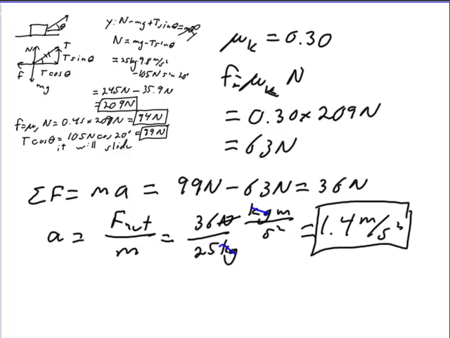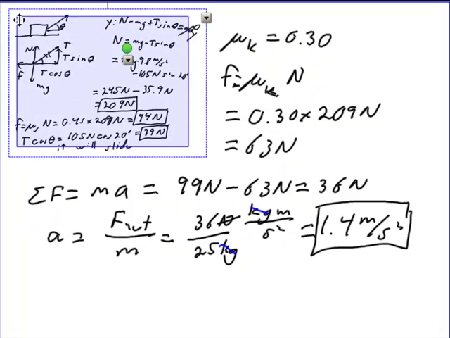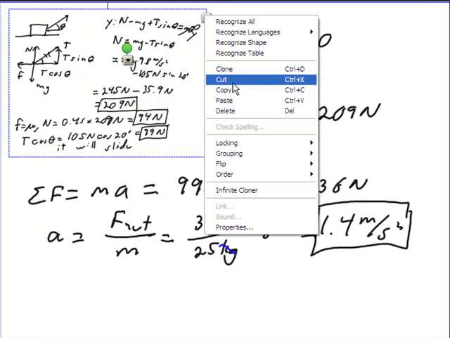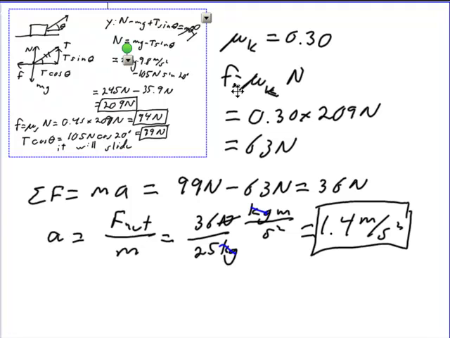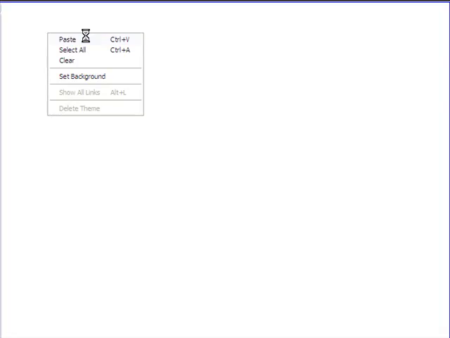I want to keep some of this stuff, so no, that's not what I wanted to do. The reason I'm keeping this is much of that is the same. So when I come to a new page, I paste it.